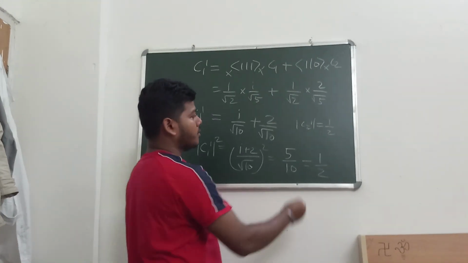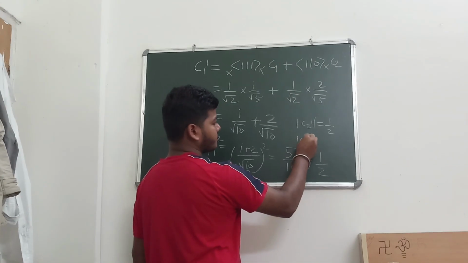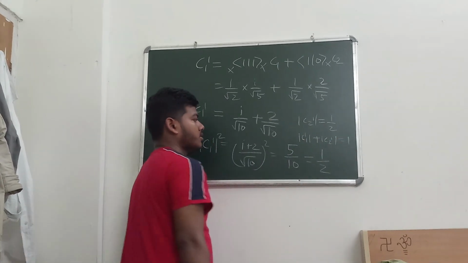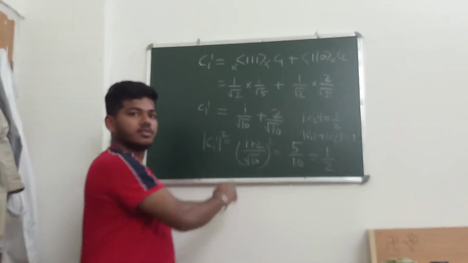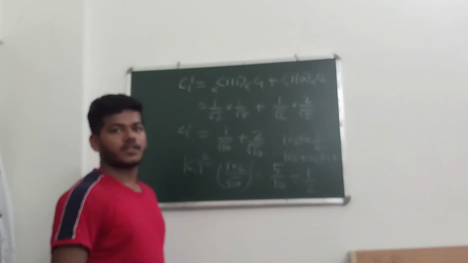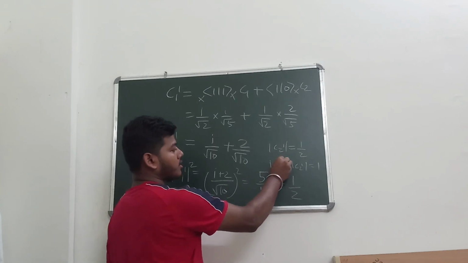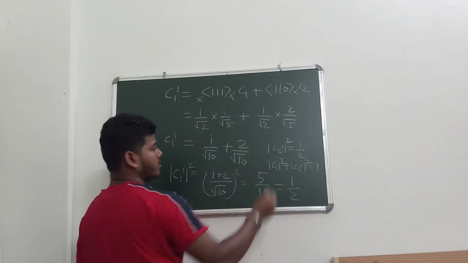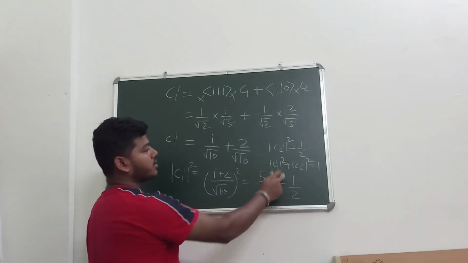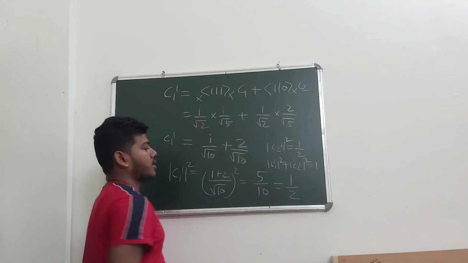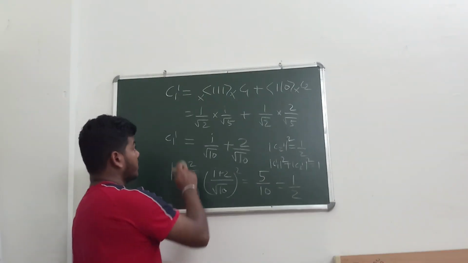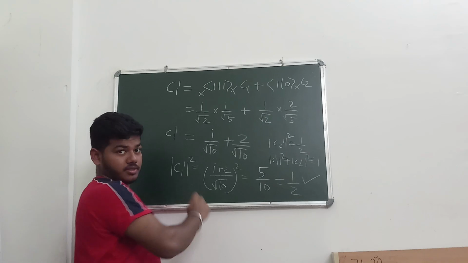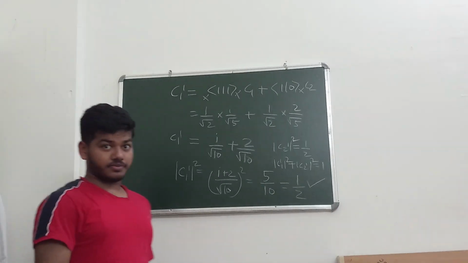So our total probability, C1 square plus C2 square, is 1, with C1 square being 1 by 2 and C2 square being 1 by 2. But in our given question, it is asked to find the probability of C1 prime. Thank you.